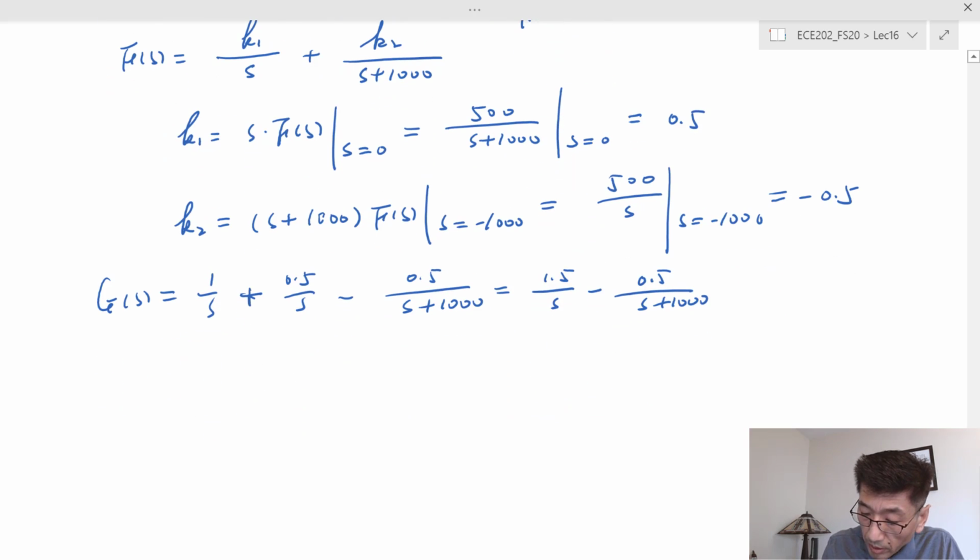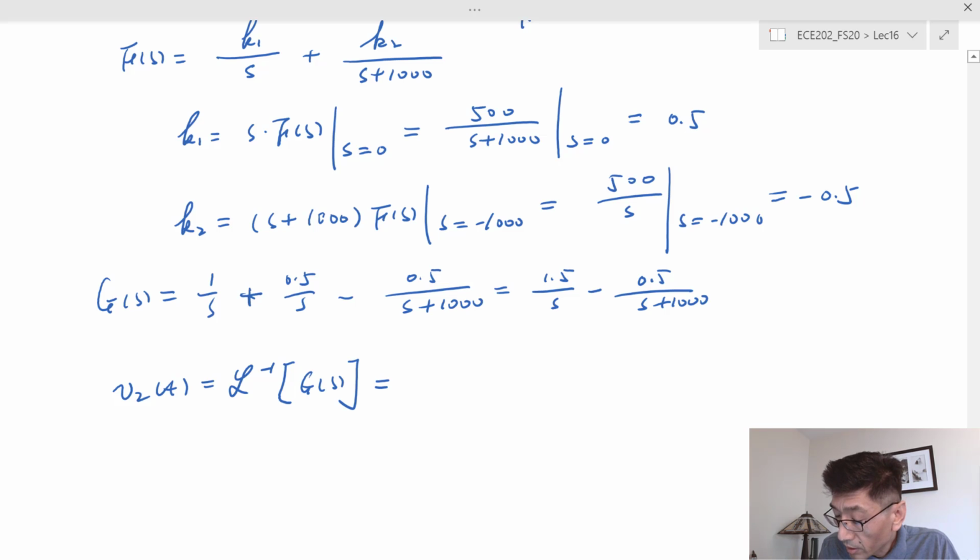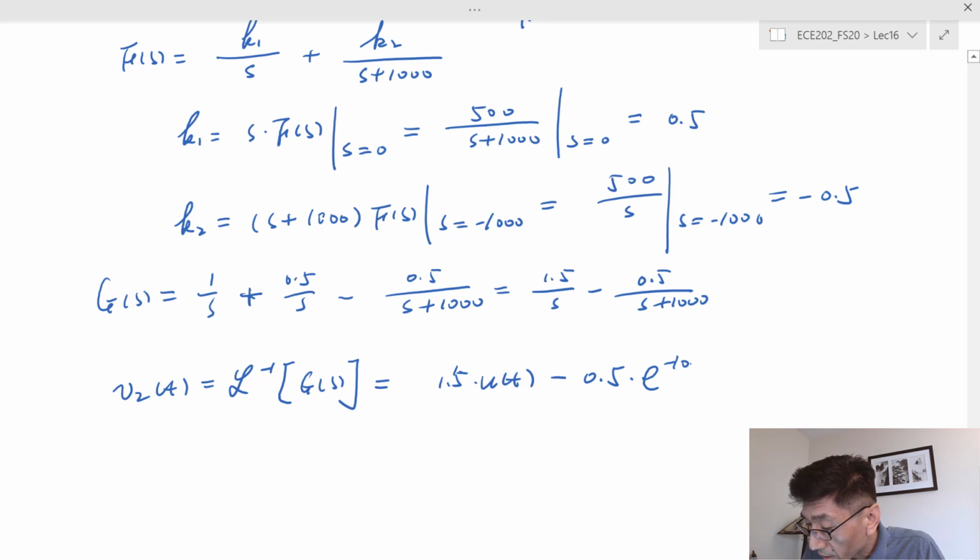So V2 in this case is just the inverse Laplace transform of G(s), which is 1.5 u(t) minus, for the second term, using the s-domain translation property, 0.5 e to the power of minus 1000t times u(t).